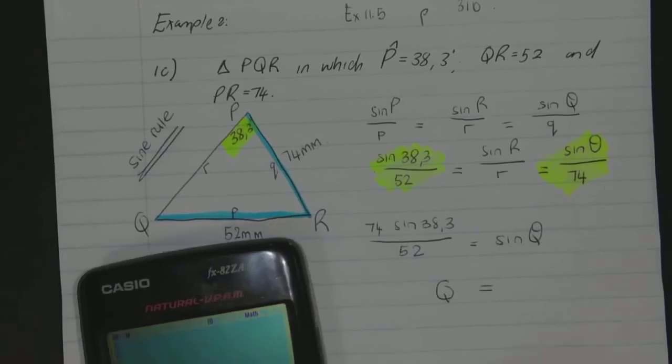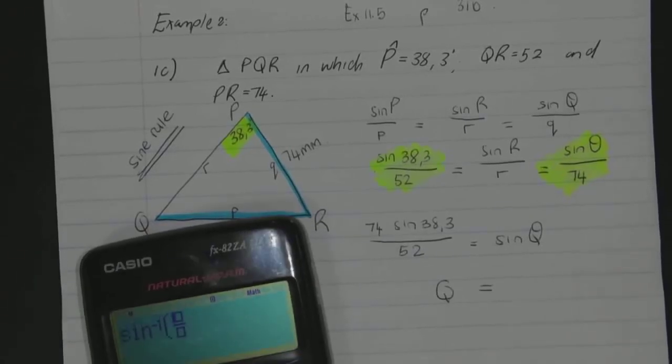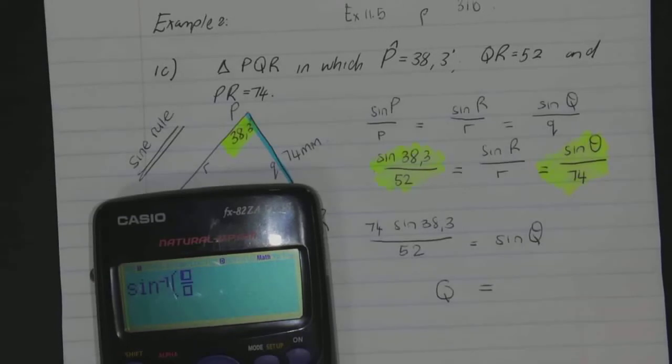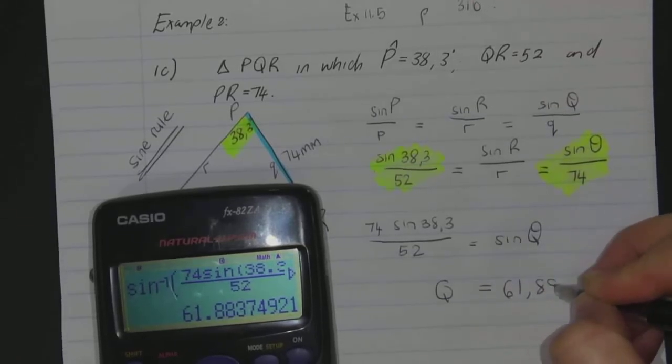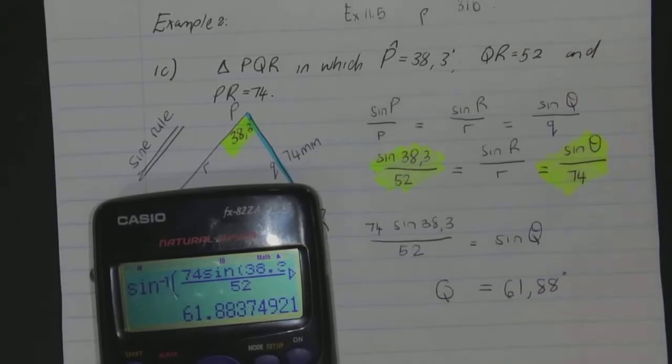So shift sine, I'm going to put in a fraction, 74 sine 38.3 over 52, and I get Q is 61.88 degrees.